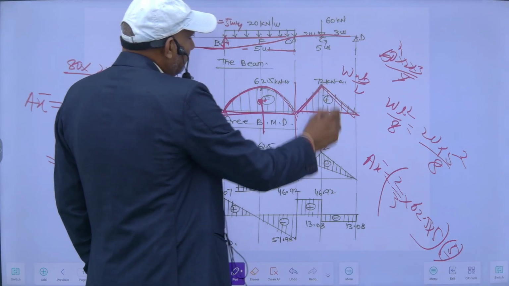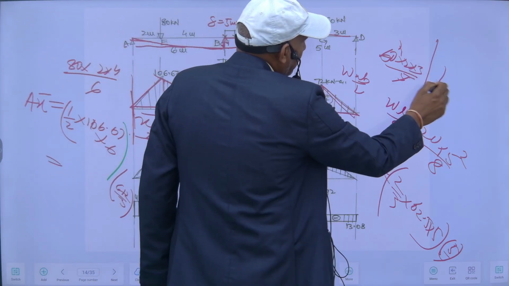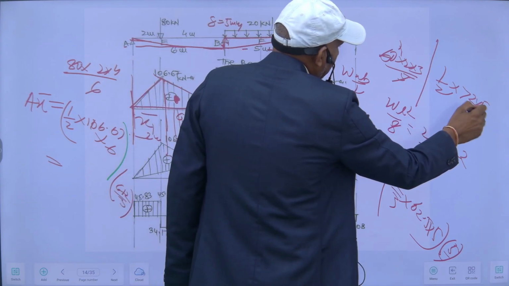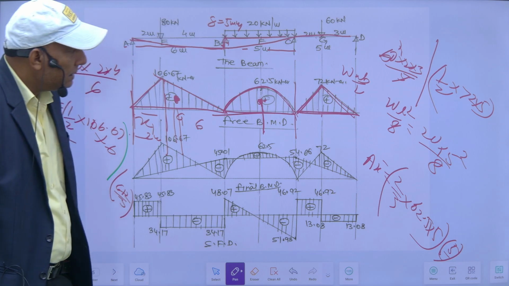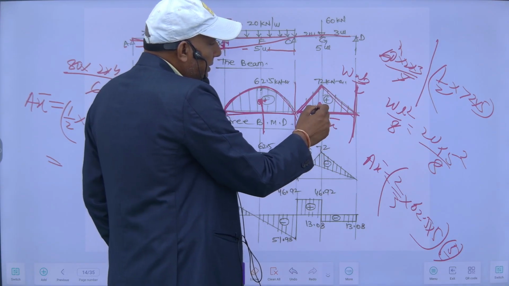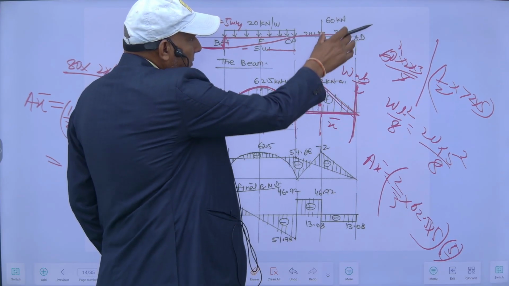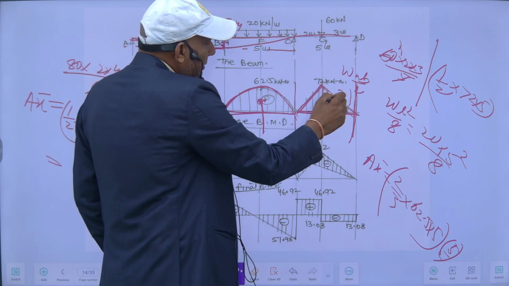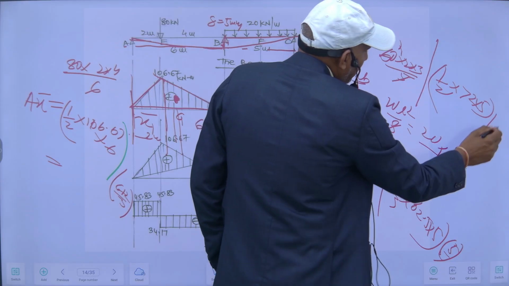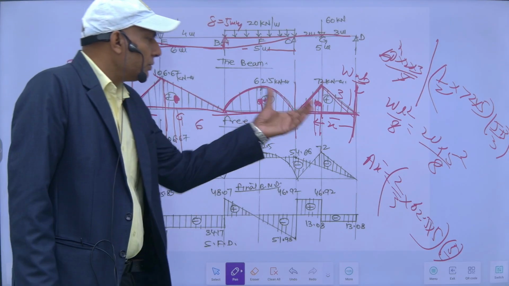Area of this, this is a triangle, so area will be 1 by 2 into this ordinate 72 into this length. This is the area, and if I want its distance from this force, this will be x bar. L is 5 meter, so it will be 5 plus 3 by 3, which is L plus a by 3. So with this I will get A x bar for this portion.